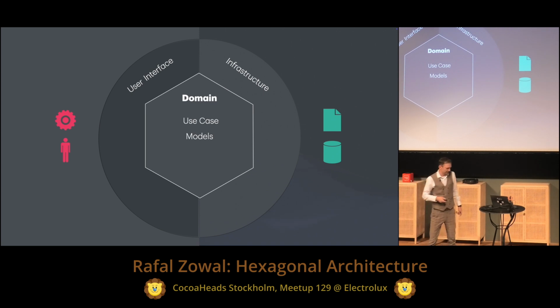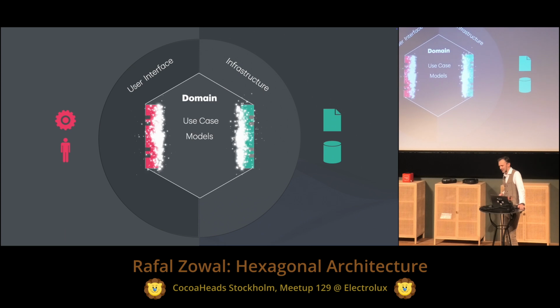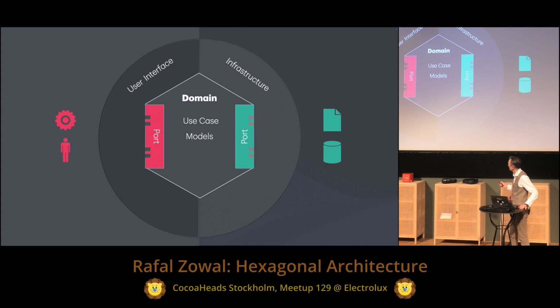And as we say, we also have definitions of how they communicate with each other. The hexagonal architecture has something they name ports, okay? And a port is nothing more than just an interface. You have the red one and the green one.